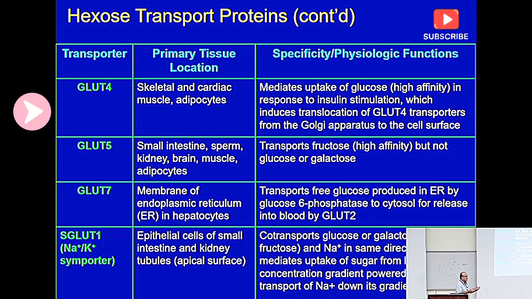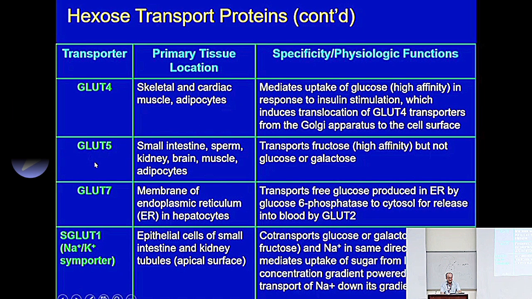Just as a big general thing, insulin promotes the increase of the number of GLUT4 transporters in these tissues. So these tissues then are able to pick up more glucose from the bloodstream. Okay? So that's a very important transporter. As a matter of fact, it's a target for therapies for diabetes. That's how important it is. One of the targets.